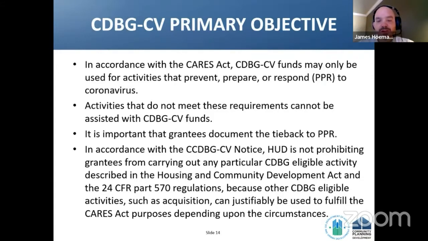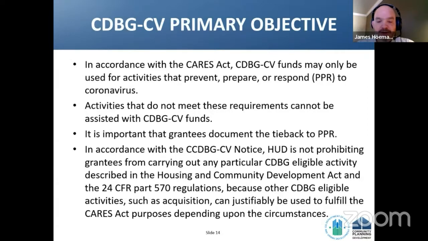And also so that you and HUD can track and see what's being spent towards addressing the coronavirus. So any of your activities that you can't PPR, of course, aren't eligible for CDBG-CV, and your 19 and 20 funds cannot count towards that either. So that tieback, documenting that tieback is a crucial element in the CARES Act.